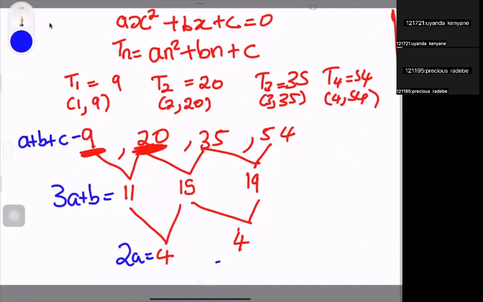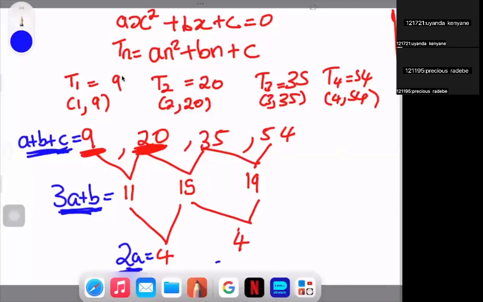right? Okay, I'm not sure you guys can see my screen because I can't see my screen. Okay, there's a big lag, guys. Just wait for my screen to appear. We can see it. Yeah, I can see the screen that you can see. You guys can see the screen with 2a, 3a plus b, a plus b plus c, right?